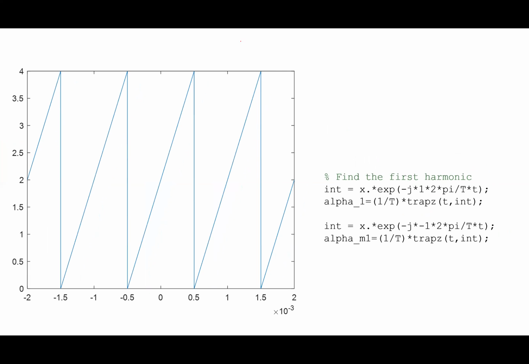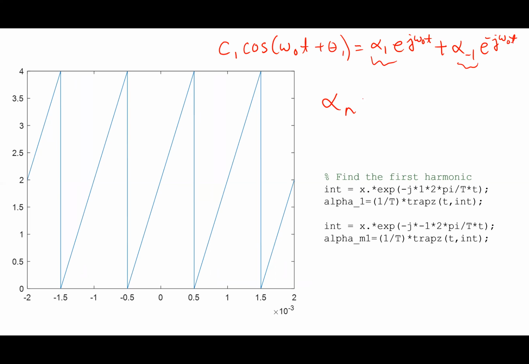So remind ourselves that when I'm talking about the first harmonic, I'm talking about C1 cosine of omega naught t plus theta 1, which we know is always alpha 1 e to the j omega naught t plus alpha minus 1 e to the negative j omega naught t, like so, okay? So I need to calculate the alpha 1 and the alpha minus 1.